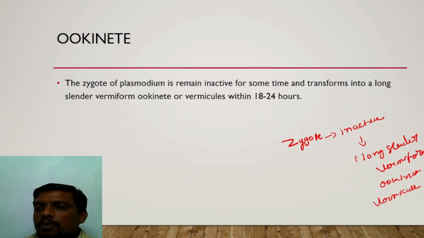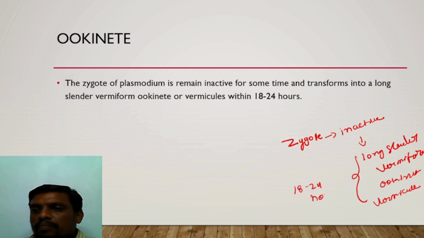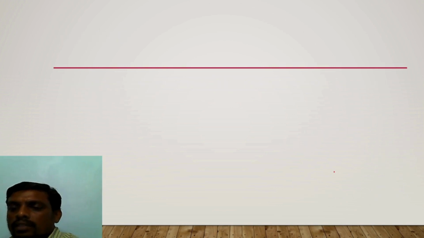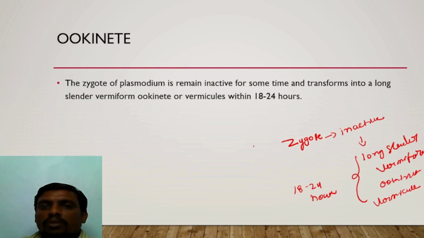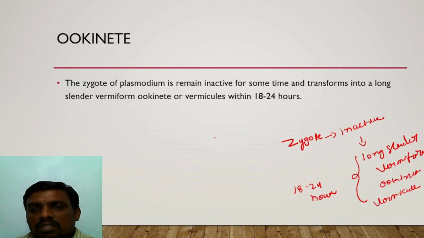This process occurs within 18 to 24 hours. So ookinete is also known as a vermiform structure or vermicule. It is commonly called vermicule.